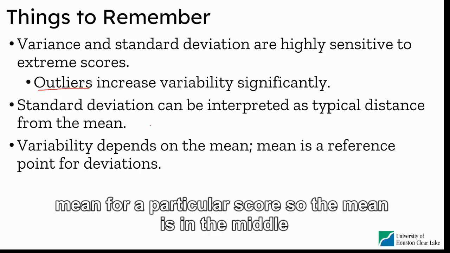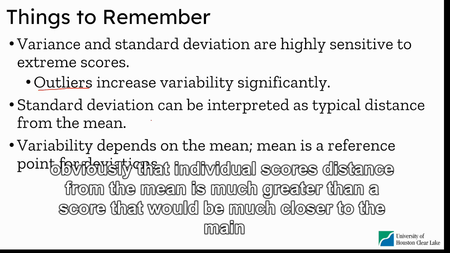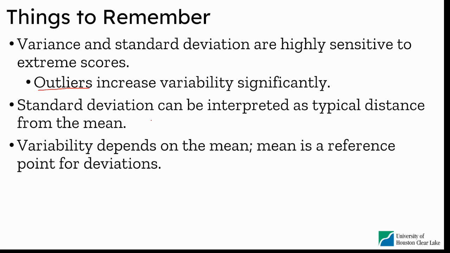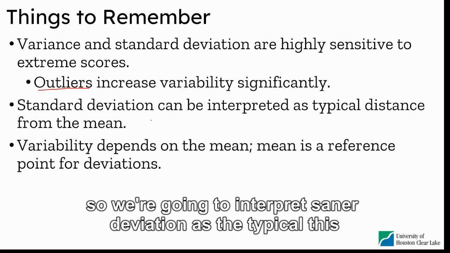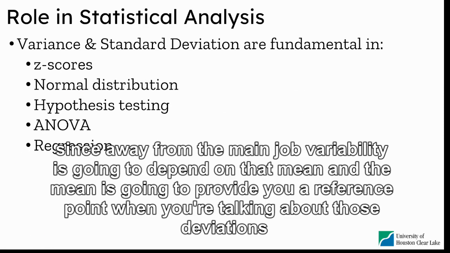So if the mean is in the middle and an extreme outlier is on the end, obviously that individual score's distance from the mean is much greater than a score that is much closer to the mean. So we're going to interpret standard deviation as the typical distance away from the mean. Variability depends on that mean, and the mean provides you a reference point when you're talking about those deviations.